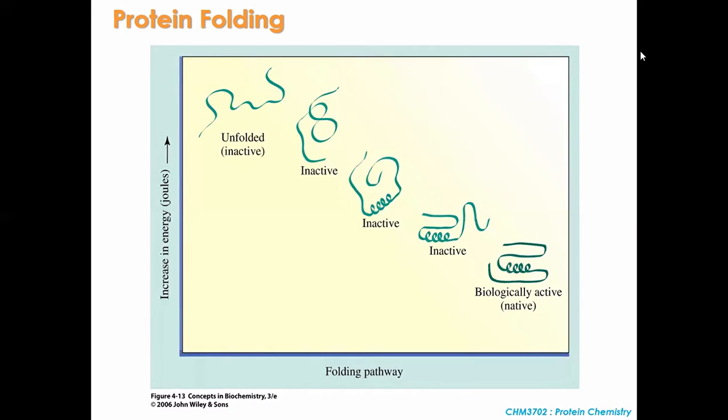There are different mechanisms of how a protein folds. But basically, it starts from unfolded, which is inactive, and then it slowly folds to get the structure until at the end of the process, the protein will adopt a folded structure, which is biologically active.